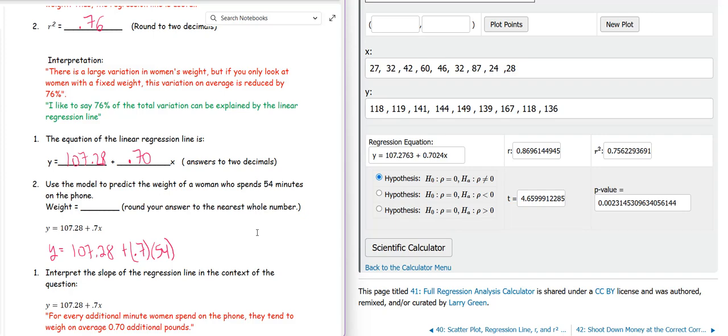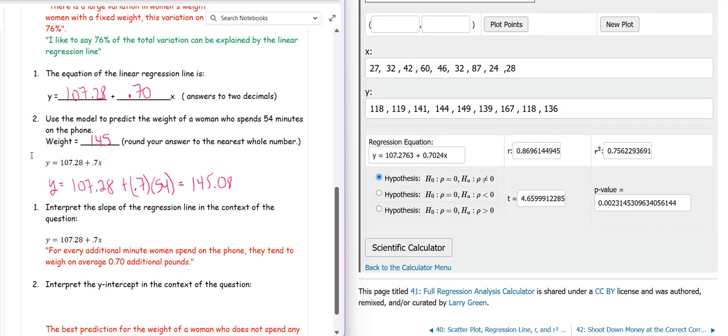And when we do that, we get 145.08, but they want us to round to the nearest whole number, so 145 pounds. All right, on to the next one. These numbers obviously aren't exactly accurate. I had trouble with the numbering.